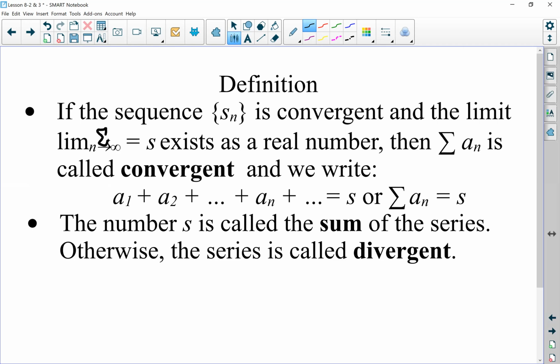And if that limit does not exist as a real number, we say the series is divergent. And so here is the base of what we'll be talking about for the next couple class periods.